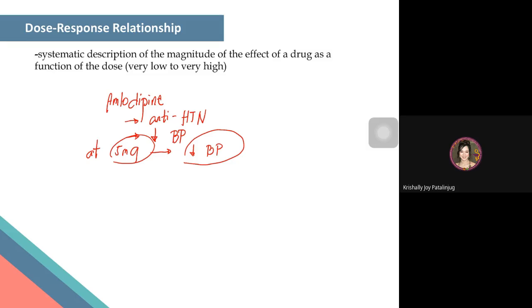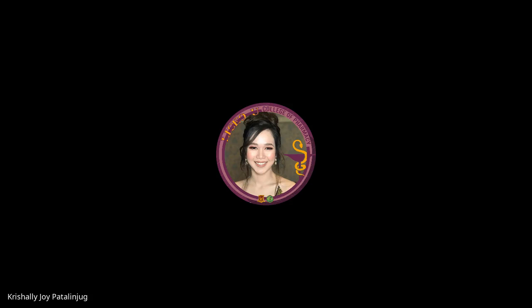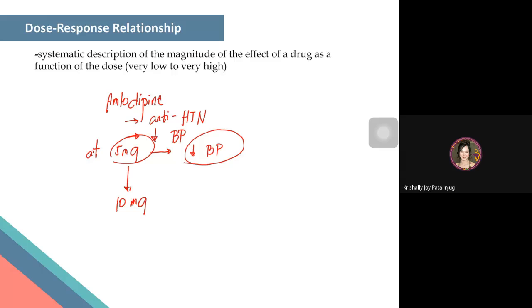Therefore, if there is an increase of the dose from 5 milligram to, let's say, 10 milligram of amlodipine, there will be a definite increase in the degree of reduction of blood pressure compared to the effect of the 5 milligram dose. So there's really an existing relationship between dose and effect of the drug, or dose response of a drug.